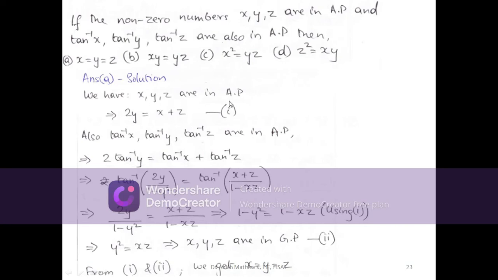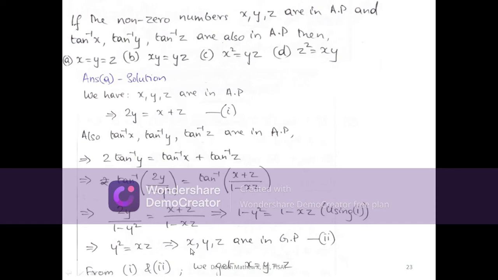Also x, y, z are in arithmetic progression. If these two conditions need to be satisfied, then what is possible? x equal to y equal to z. So that is option A.